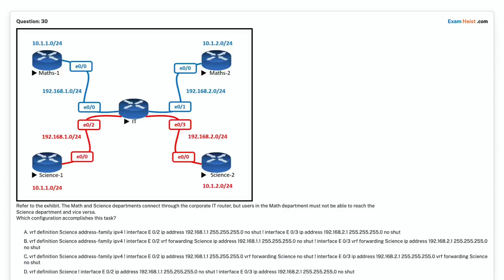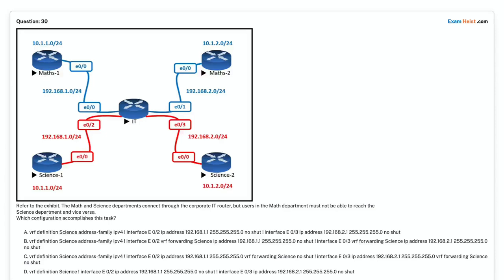Interface Ethernet 0/2, ip address 192.168.2.1 255.255.255.0, vrf forwarding Science, no shut. Option D. VRF definition Science.